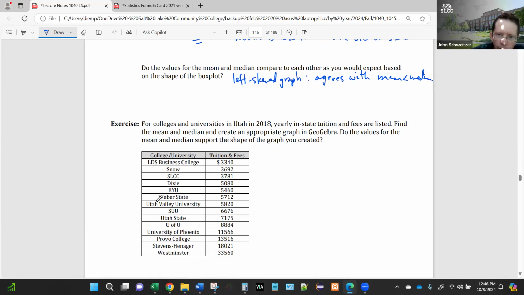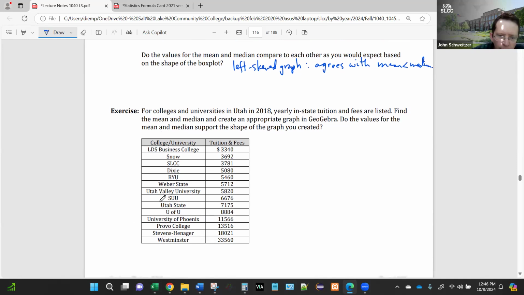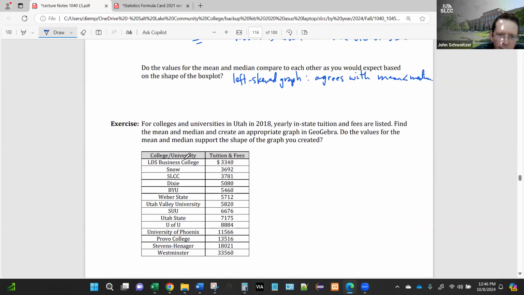I don't know why we didn't have Western Governors in here, but anyway, it's a pretty comprehensive list of higher ed institutions in Utah. And each one of these will have an in-state tuition. I want you to find the mean, find the median, and create the box plot for this data set.